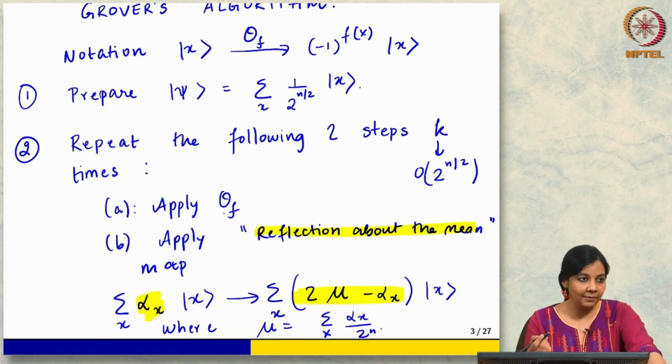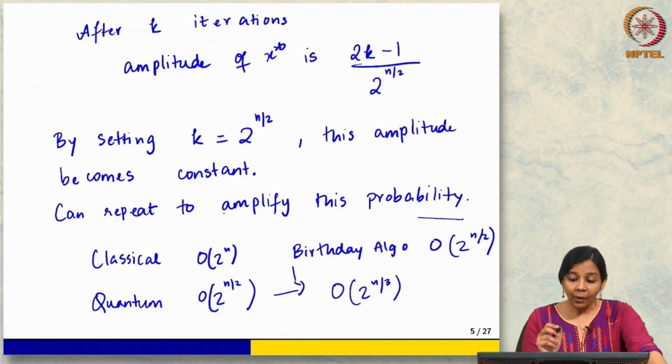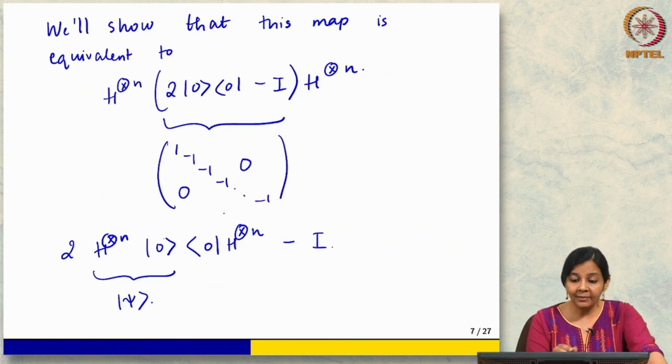So, I am applying this function. The second step is this reflection about the mean. Notice that what we showed now is that basically this reflection about the mean is nothing but Hadamard times this simple matrix times Hadamard again.